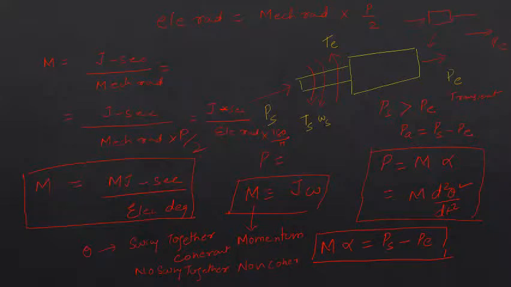Right now the two machines operate in a stable state, without any disturbance. Now your electrical demand has increased, so you will definitely increase your mechanical side. Once your mechanical side has increased, it has to balance this.